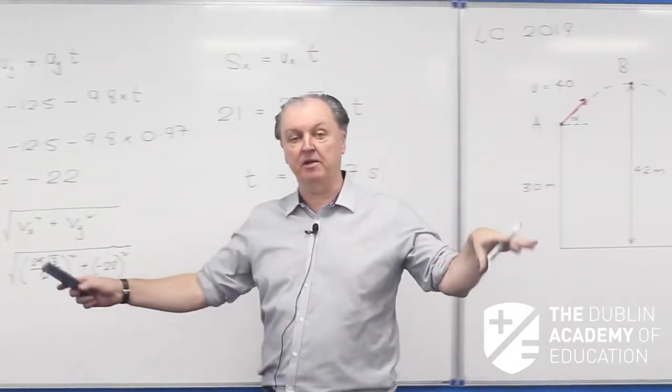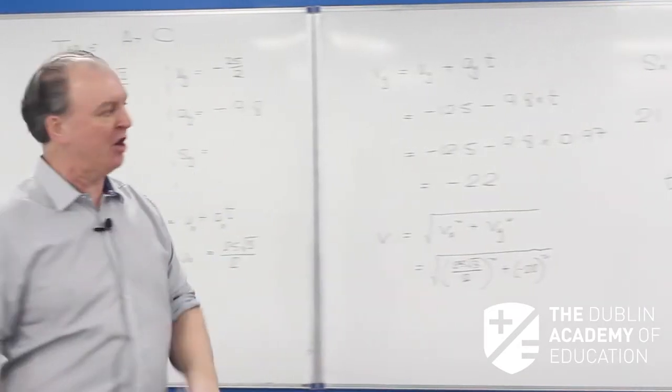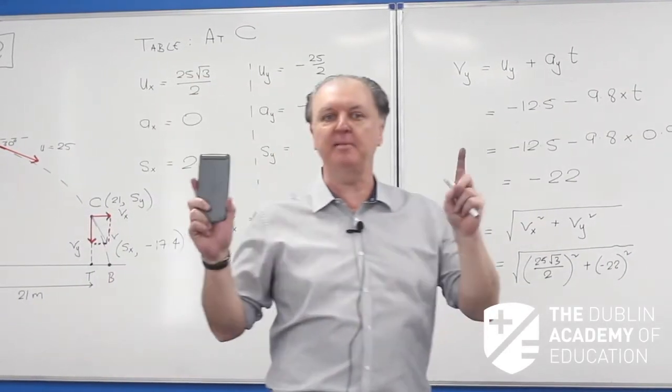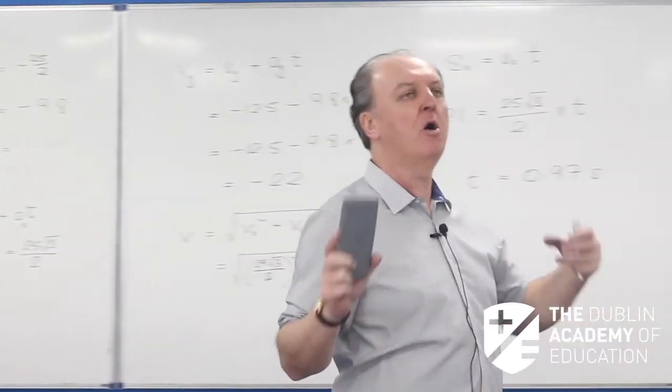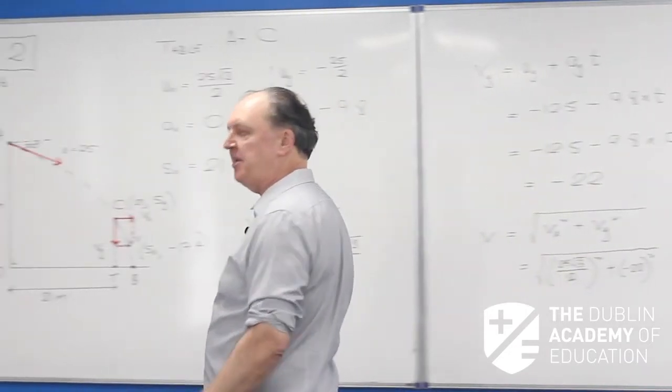So anyway, I think you're safe enough to finish that off yourself and check the answer at the back of the notes. So you can see they're getting a little bit trickier, but the same technique I'm applying over and over again. Let's have a look at the 2019 question.